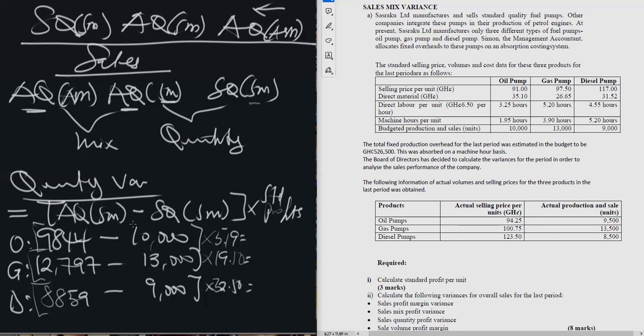We have 9,844 minus 10,000, at 5.19, an adverse variance of 809.64.